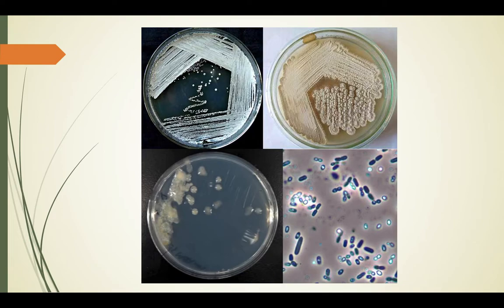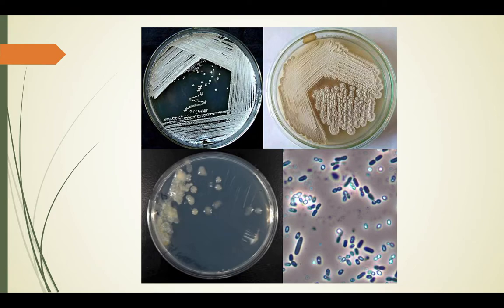We have actinomycetes here, and we also have Azotobacter, which is a nitrogen fixing bacteria. It can associate with plants, and it does the most important function of nitrogen fixation.